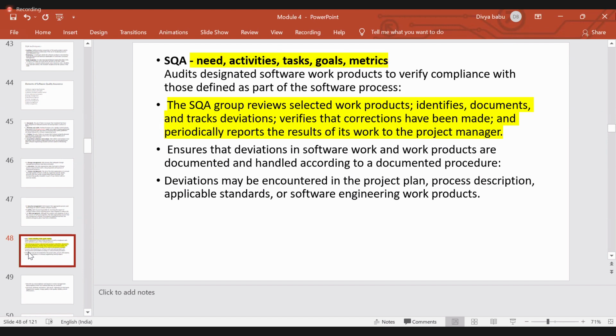You can explain it in a single sentence like this: there is a software quality assurance team, and that team reviews the selected work products which you made, identifies, documents, and tracks whatever deviations happened according to the standards, verifies the corrections you made before, and reports the results to the project manager. If you define software quality assurance, you define it like this.